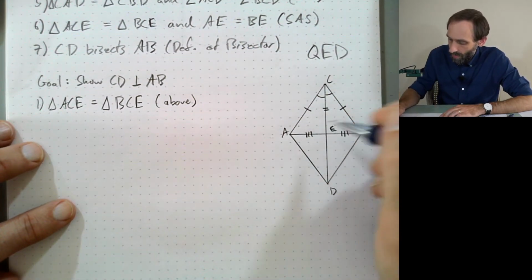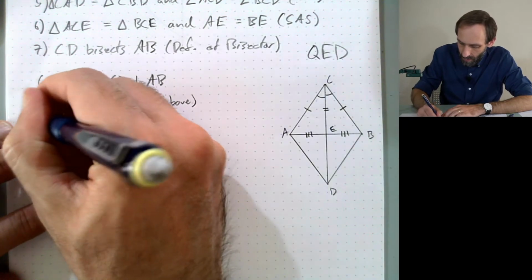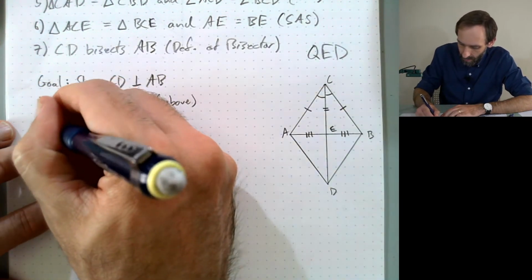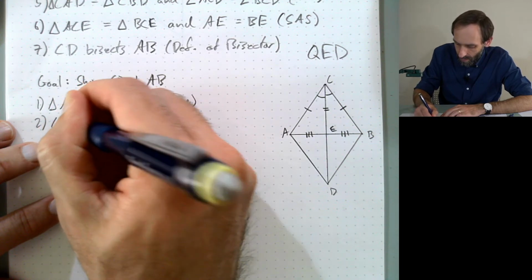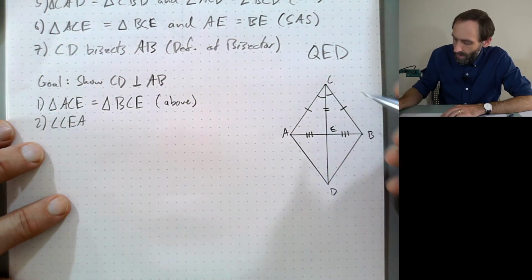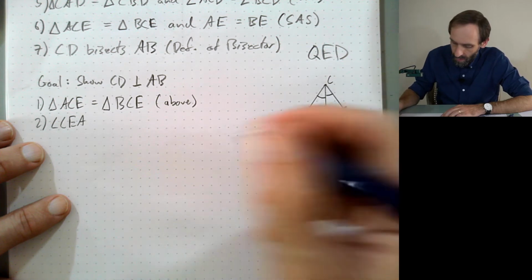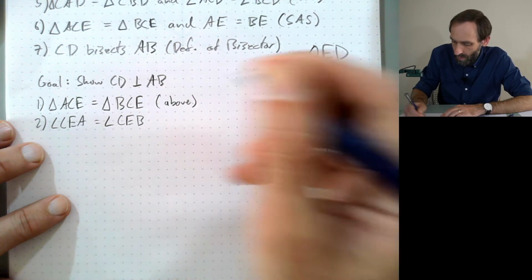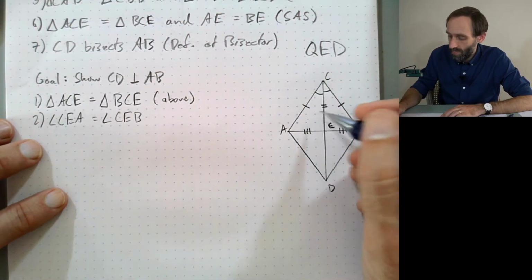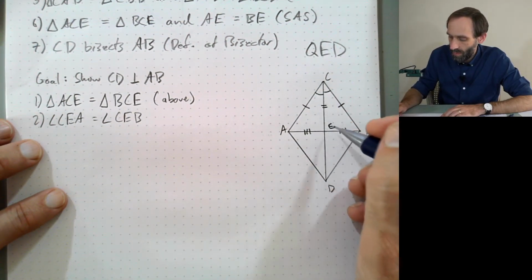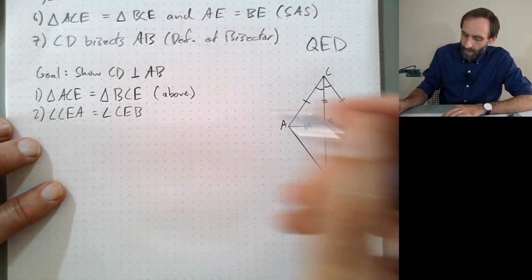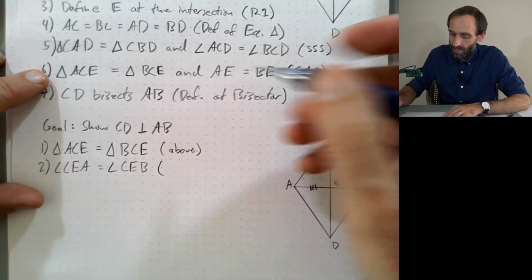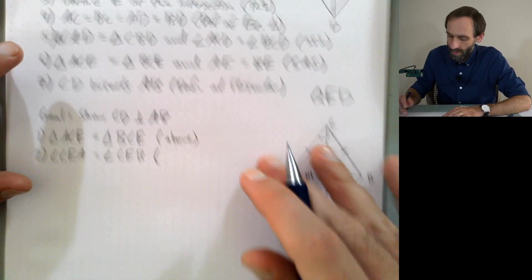Well, since this triangle is equal to this triangle, we can then say that this angle CEA is equal to the angle CEB. Okay, so these two triangles are equal, therefore these two angles are equal. And the justification for showing these two triangles are equal was SAS.